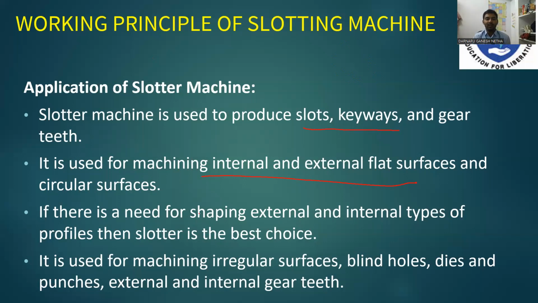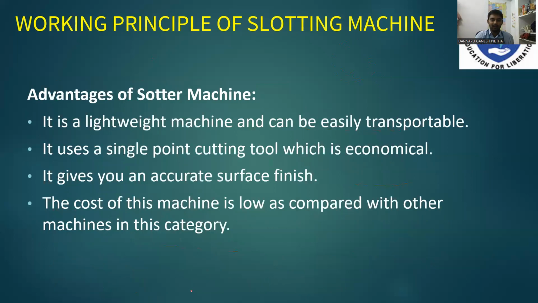If there is a need for shaping external and internal types of profiles, then the slotter is the best choice. It is used for machining irregular surfaces, blind holes, dies and punches, and external and internal gear teeth.